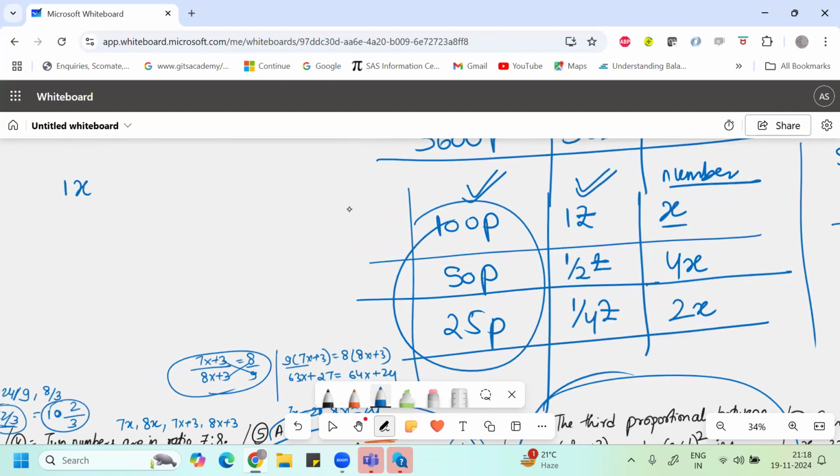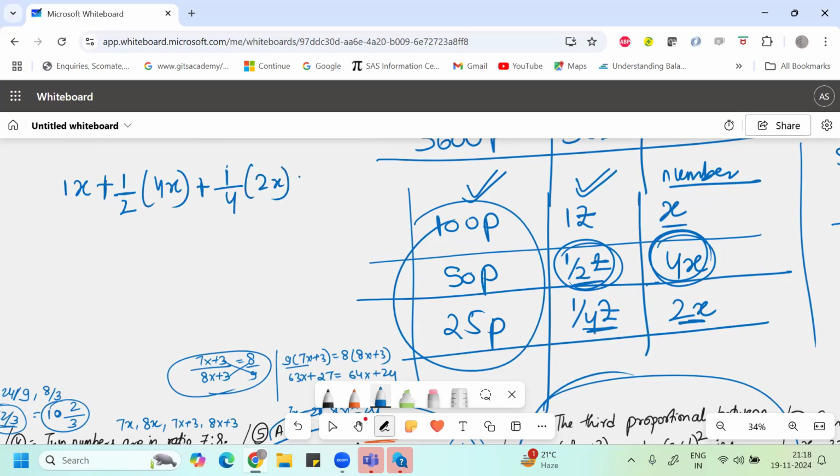If I have 4x coins of 50 paisa, the worth in rupees would be 1 by 2 into 4x. And the worth of the 25 paisa coins, if I have 2x coins, would be 1 by 4 into 2x. And the total is equal to 56.